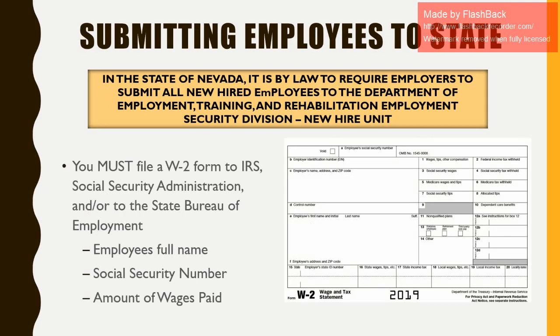Now, the very first thing you have to do, before even having employees at all, is submit to the Department of Employment, Training, and Rehabilitation. Oh, I thought it was Resources. So basically, in Nevada, if you come from the One Stop or from DETR, this is the exact agency that you're coming from.